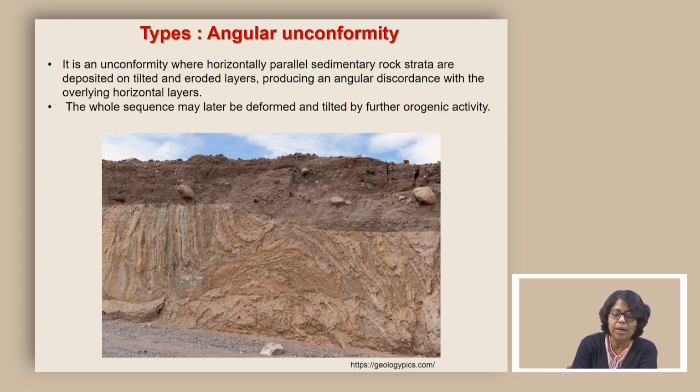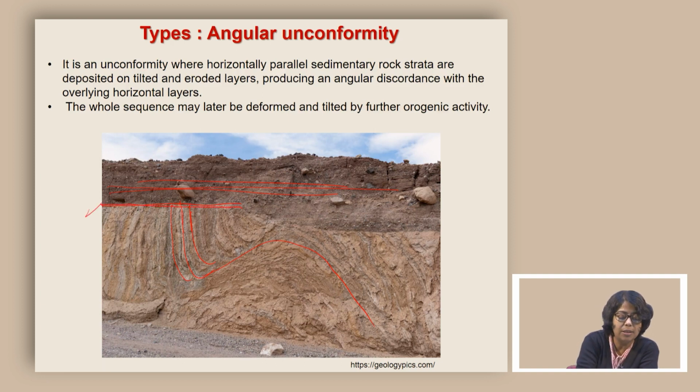So, if you look at this particular picture, you will see that the layers on the top, they are horizontally stratified, but if you look at the layer just below this line, you are going to see that they are making folds, and the pattern of the folds are something like this. So, these layers are making an angle, a very sharp angle with this overlying horizontal bed.